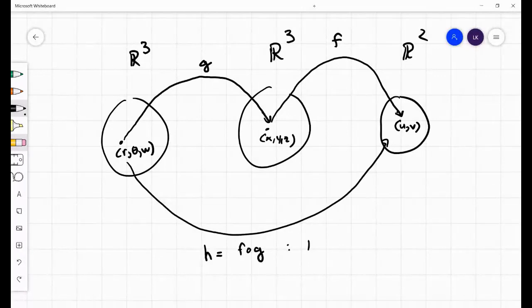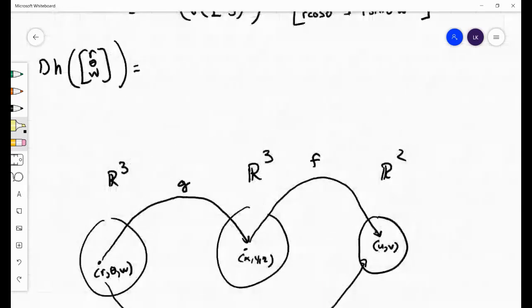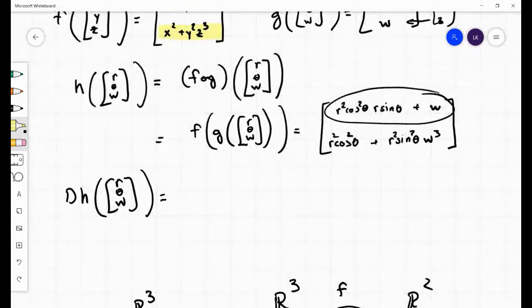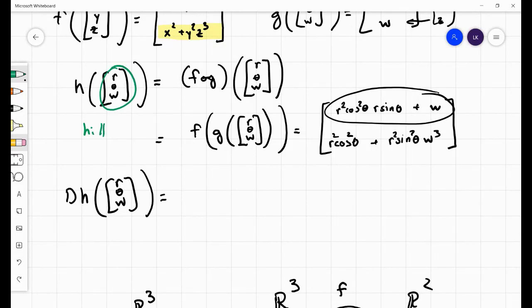That's going to be a function from R3 into R2, so the derivative matrix is going to be 2 by 3 after the composition. You can see that over here: h has 3 independent inputs and 2 coordinate functions for the output, so into R2. So this derivative we anticipate will be 2 by 3.